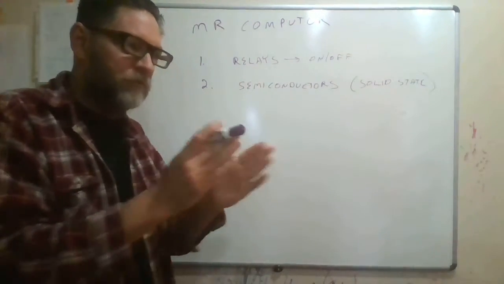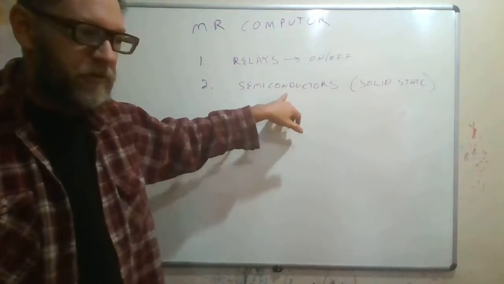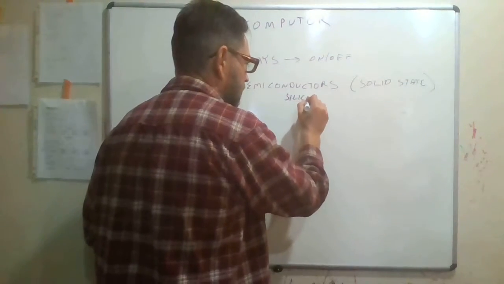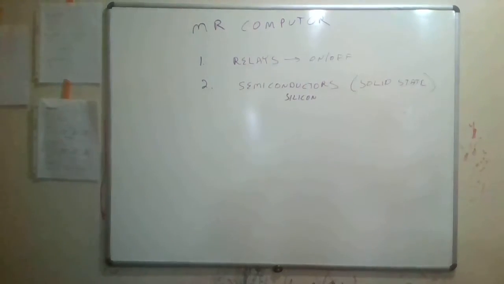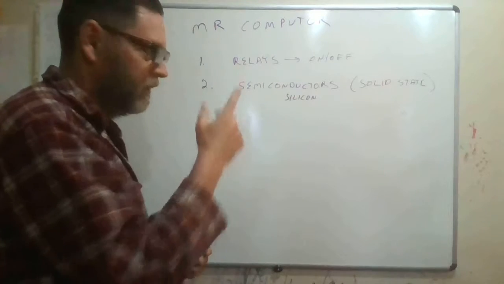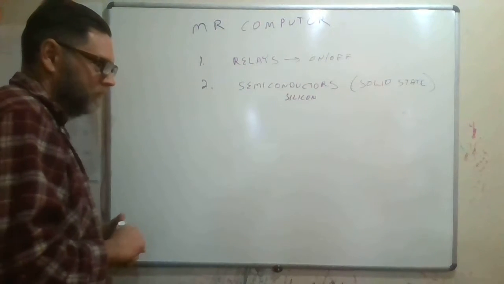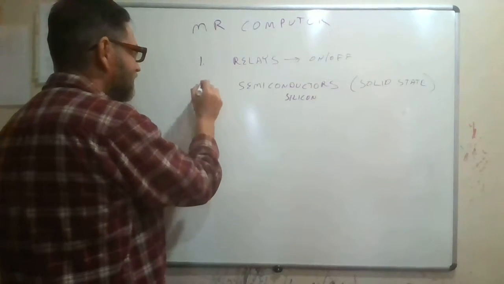And the little contacts would wear out because they're actually moving. Semiconductors is basically a form of silicon that some bright guy figured out would work like a relay. It's a little piece of plastic, tiny. Actually, there's a step in between here I skipped. Okay, so that's step 3.